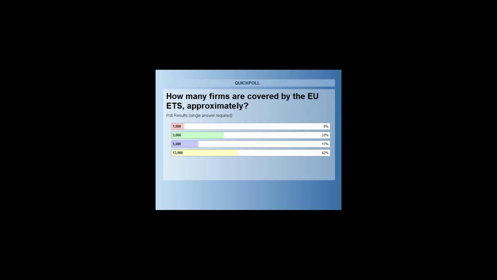But roughly speaking, this is how the system is run. However, the economics of the EU ETS are determined by firms. So it is important to know about the connection between these installations, or more generally speaking, accounts, and the level of the firms. So let me give you a simple example.